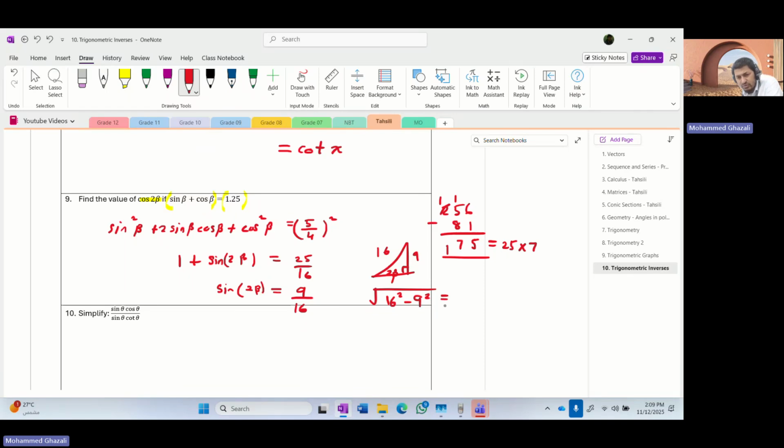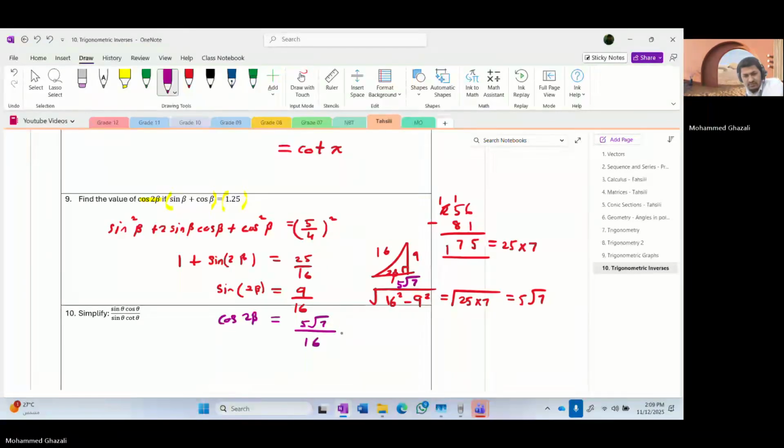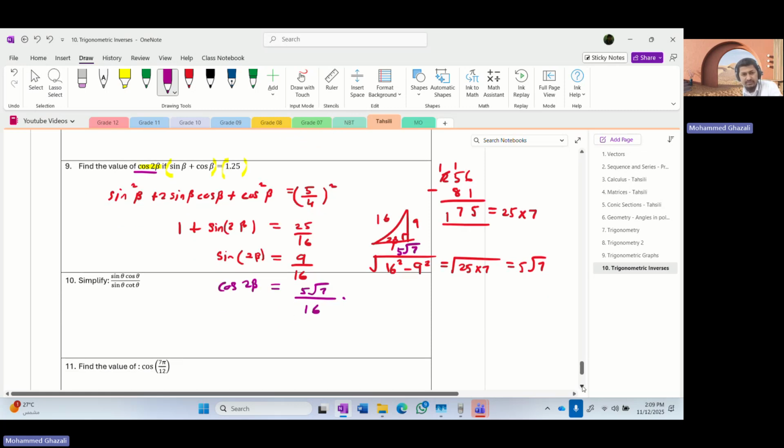So this is equal to the square root of 25 times 7, which is 5 root 7. Right. So I've got the adjacent, which is 5 root 7. So what is cos 2 beta then? Cos 2 beta is 5 root 7 over 16. Okay, so I've got an answer for cos 2 beta. Hope you guys understood that.